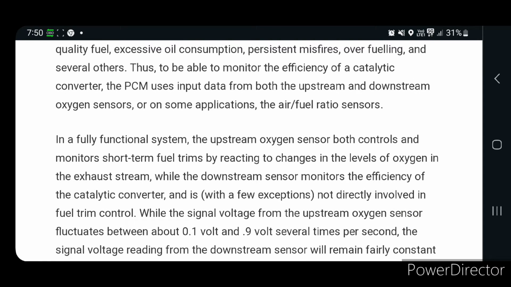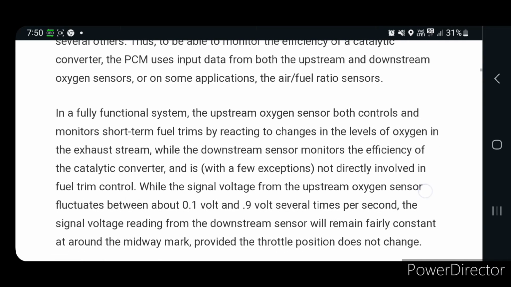The signal voltage from the upstream oxygen sensor fluctuates between about 0.1 volts and 0.9 volts several times per second. The signal voltage reading from the downstream sensor will remain fairly constant at around the midway mark, provided the throttle position does not change.